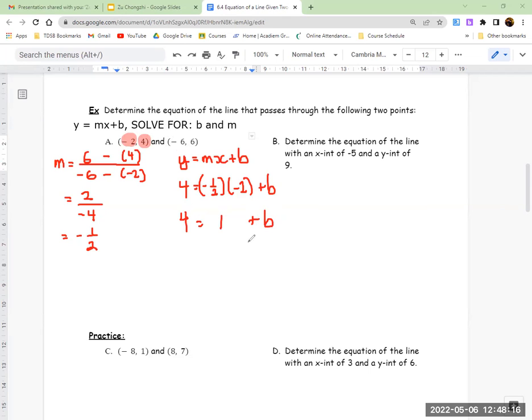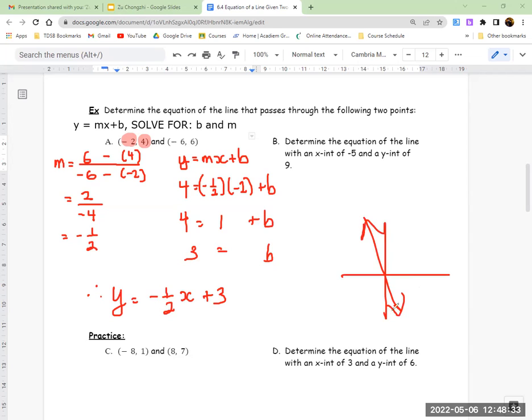Minus both sides by 1, B equals a 3. Therefore, Y equals -0.5 X plus a 3. You can solve for an equation if I only give you 2 points. And again, that makes sense. If you can do it graphically, you should be able to do it algebraically as well.